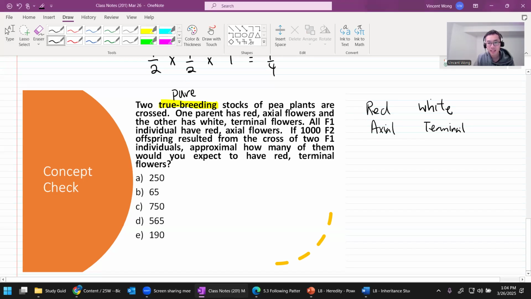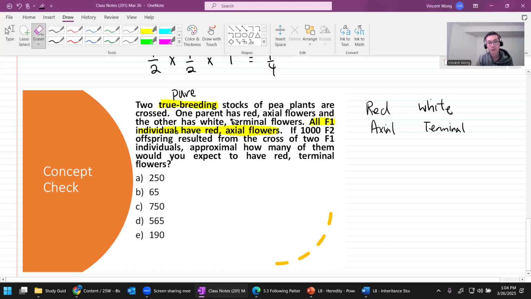But the question does not tell us explicitly which one is dominant, right? So how do we tell? Well, it says here, all F1 individuals have red axial flowers. Remember, if the parents are both pure, then the dominant trait will show up in 100% of the F1.